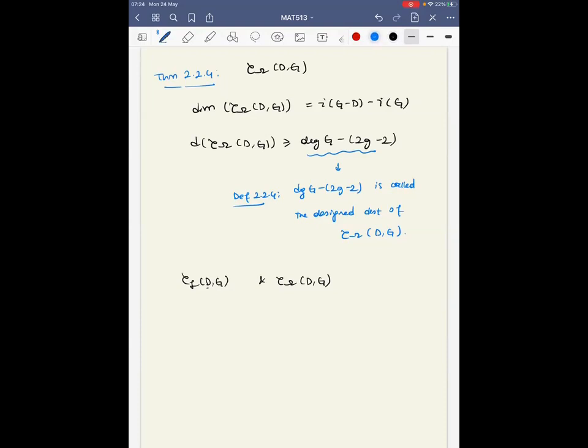More explicitly, in theorem 2.8, we will see that they are dual to each other. And here by duality, we mean the dual of a linear code, determined with respect to the standard inner product on F_q to the n.